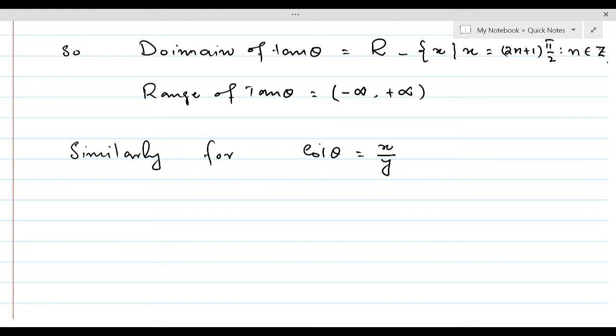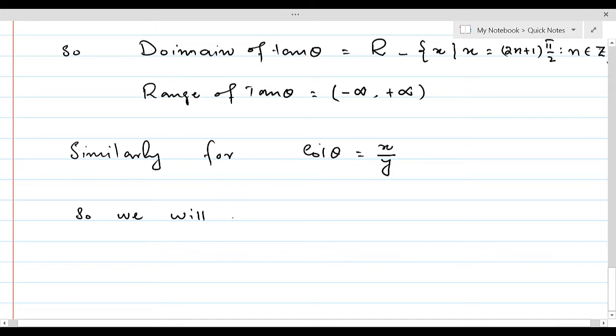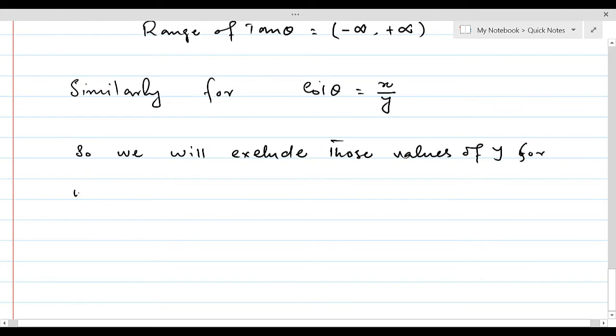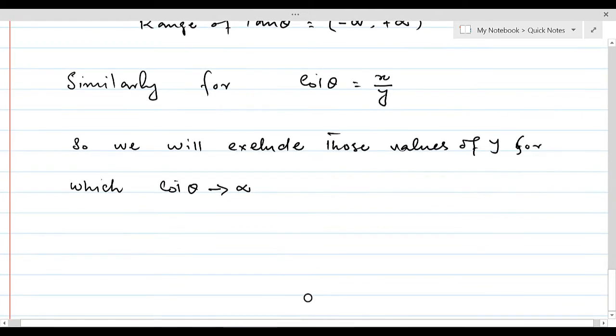That is not possible. So we will exclude those values of y for which cotangent theta tends to infinity. It means y is equal to 0. So we are going to exclude y equal to 0.